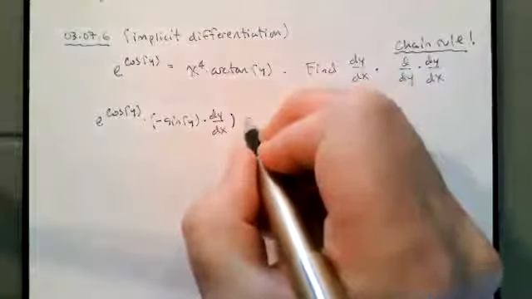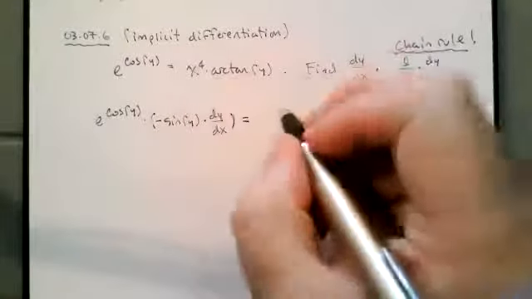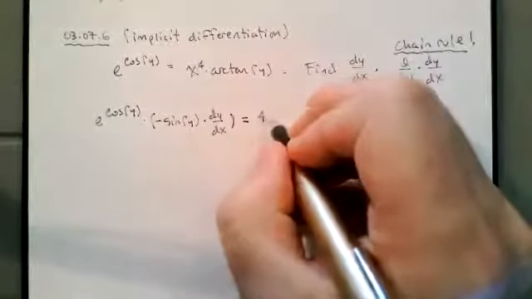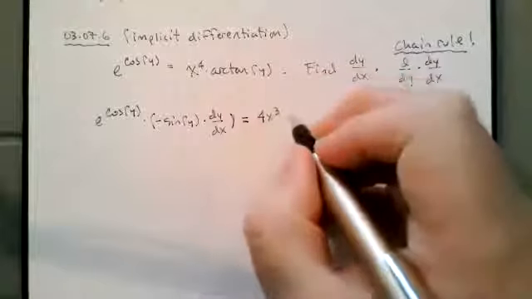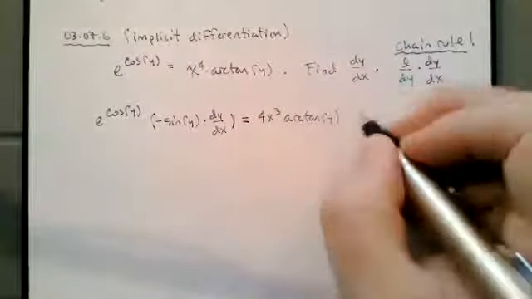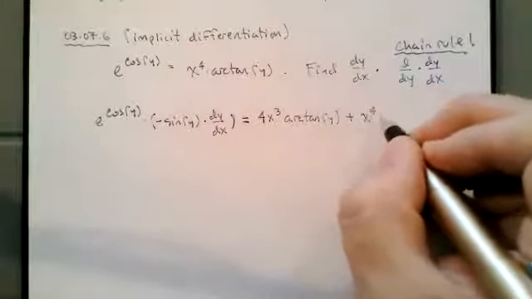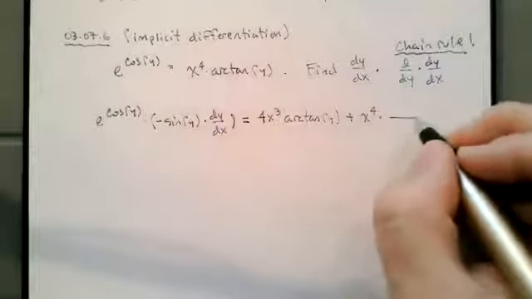So on the right side, we're going to take the derivative of the first times the second plus the first times the derivative of the second.